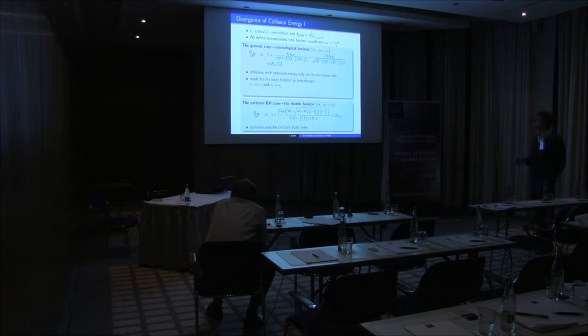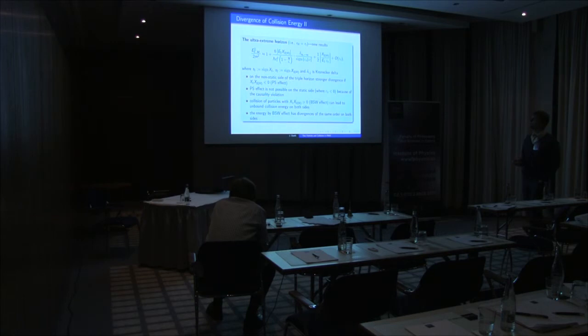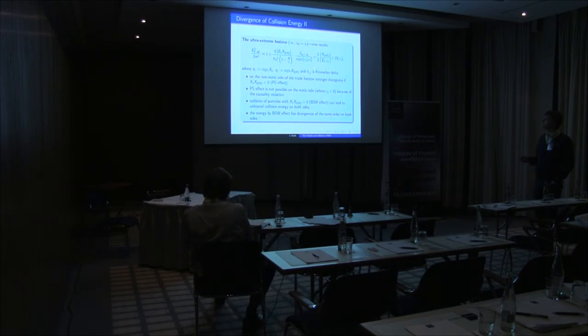The extreme black hole case diverges as 1 over epsilon, so it's a stronger divergence, and these are the new results for the ultra-extreme horizon. This term diverges as 1 over epsilon to the second power, sorry, 1 over the square root of epsilon to the second power. And there's this tricky part, the sign of epsilon. Under the horizon, in the static region, this would diverge to minus infinity.